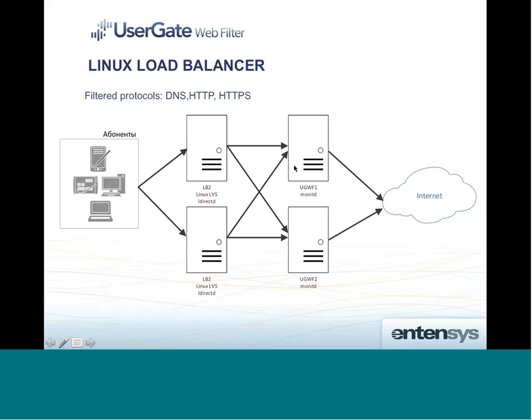They have two UserGate Web Filters in a cluster mode, exactly as in this picture, and two additional servers with Linux LVS installed. So basically, it's a load balancer, but not just a load balancer. We have also installed here ldirectord, which is the daemon which checks that every UserGate Web Filter server is up and running. If for some reason it is not, or it has crashed, it just excludes that server from sending traffic to it.